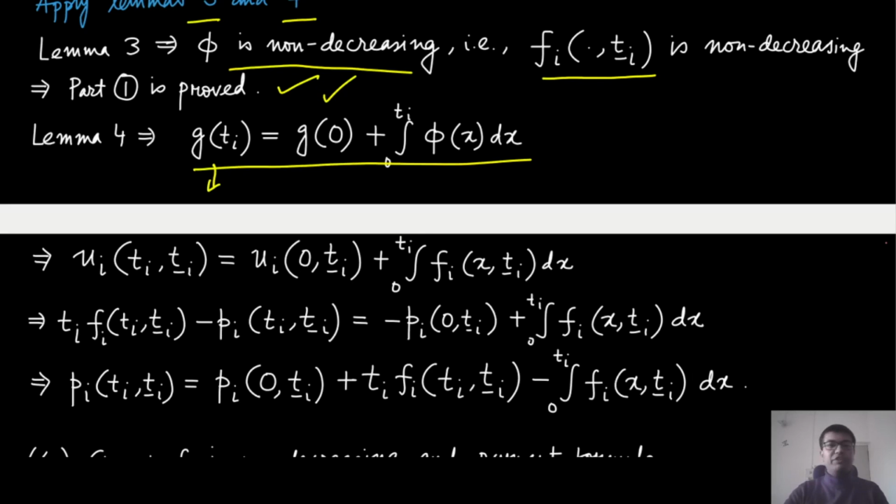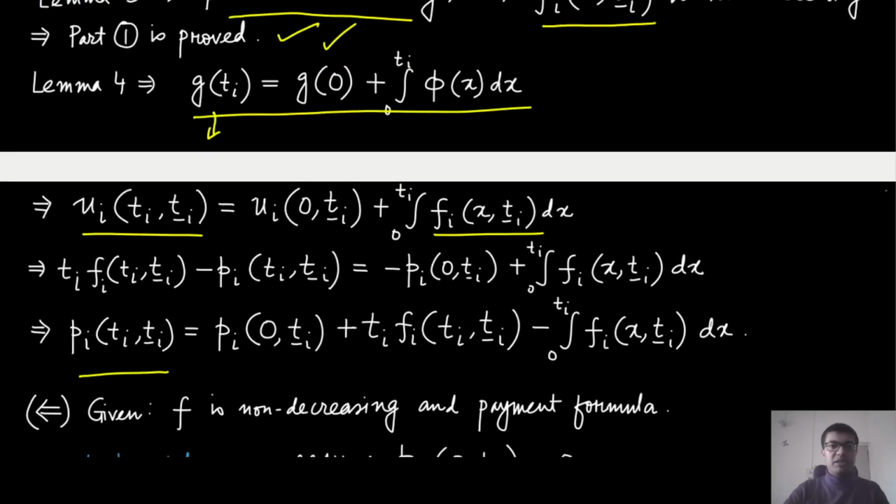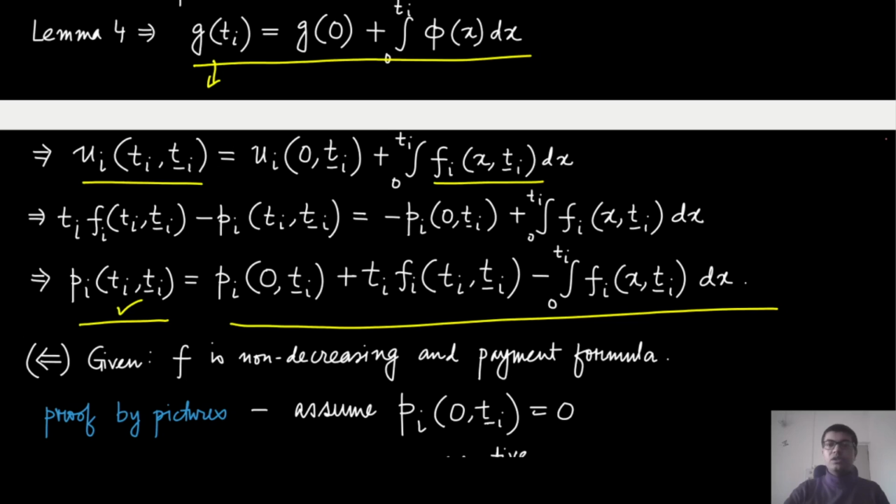Whatever was the definition of the utility here, and the subgradient was the allocation probability of player i. And then if you expand this out, what we will get is essentially the expression here. We do not really need to go into this in detail. It is just a mathematical manipulation that gives you the final expression for the payment for player i. So that's done. The forward direction is done.